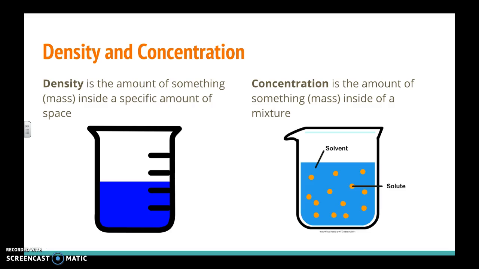On the right side, we have little orange dots, and those are the things we can describe by concentration. We can describe how many of those are in a certain volume of water. Right there we have 13 orange dots, so we could say that there are 13 orange dots for every 50 milliliters of water. That's a concentration. We're describing how much of something is in something else.